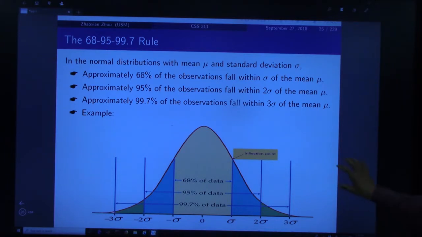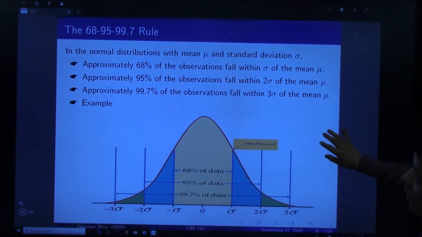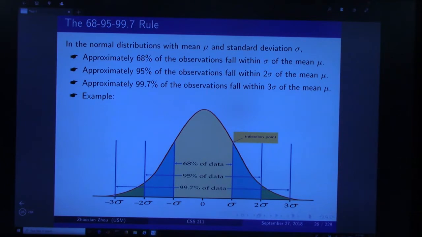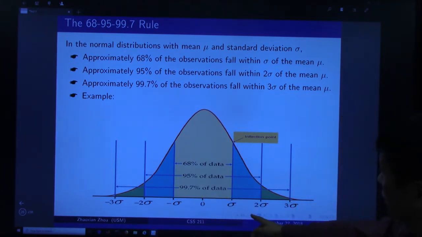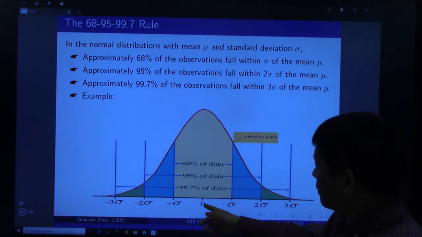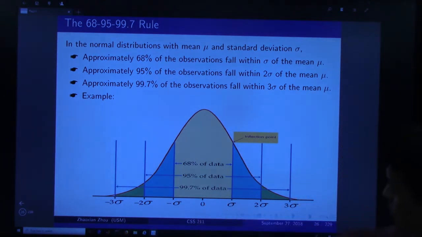The meaning of this is, in any normal distribution with a mean of mu and a standard deviation of sigma, for example, here this is the mean. We know the standard deviation here equals sigma, and the mean in this example equals 0.